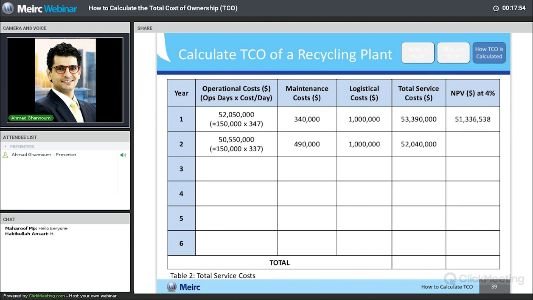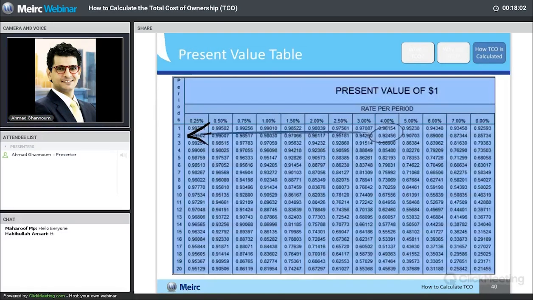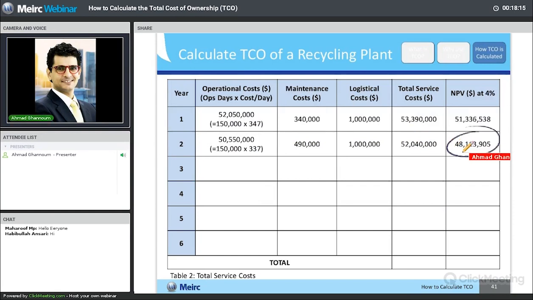We're going to go ahead and do the same exercise for year 2. Now notice the numbers are different because the number of operating days varies from year to year, and the maintenance costs also vary from year to year. So again, here we are going to multiply the total with 0.92456, which is the point where 4% on the x-axis and 2 years on the y-axis intersect. So this brings the number down from 52 million all the way down to $48,113,905.